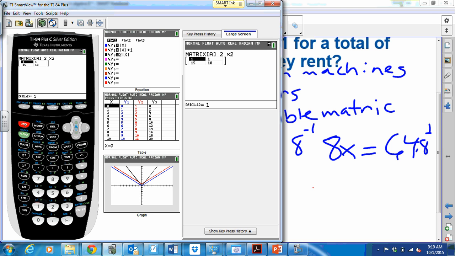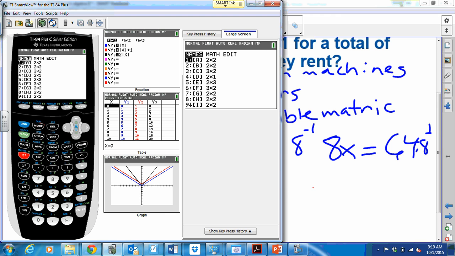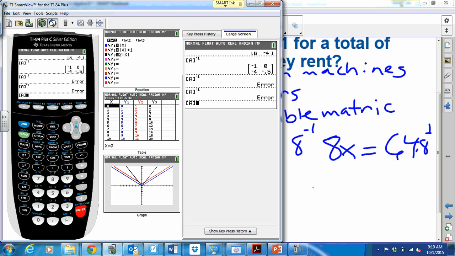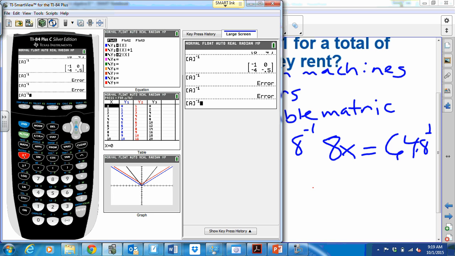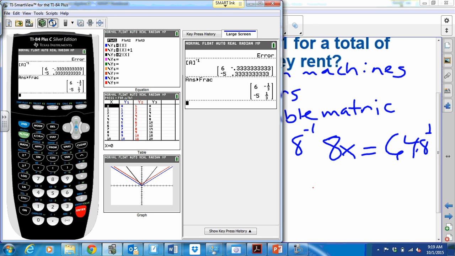So I'm going to quit. Now I want to find the inverse of that. So I'm going to hit second matrix, select matrix A, and then hit the inverse button. If I want to see that as fractions, and I do, I'm just going to hit math. So I get 6, negative 1/3, 5, and 1/3.